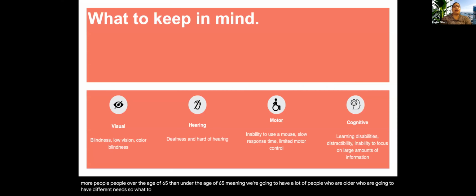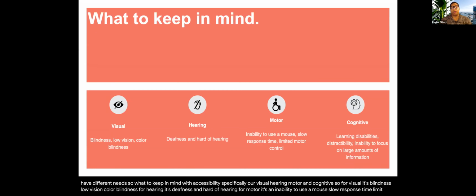So what to keep in mind with accessibility specifically are visual, hearing, motor, and cognitive. So for visual, it's blindness, low vision, color blindness. For hearing, it's deafness and hard of hearing. For motor, it's an inability to use a mouse, slow response time, limited motor control.